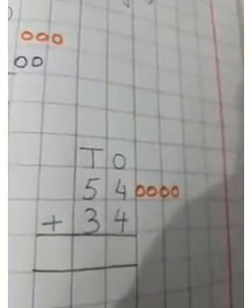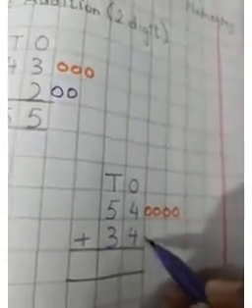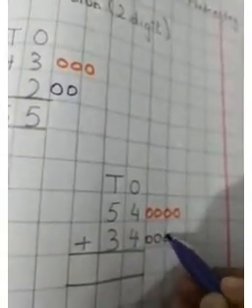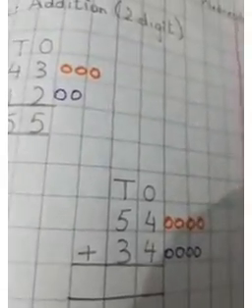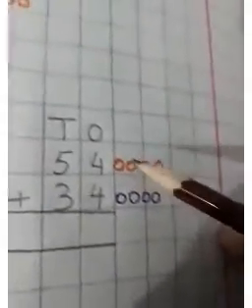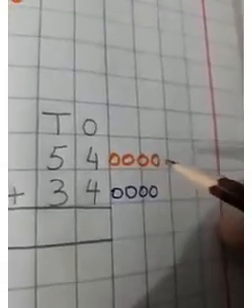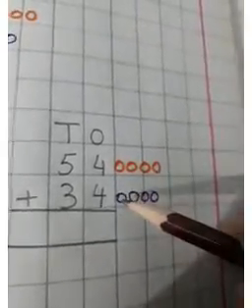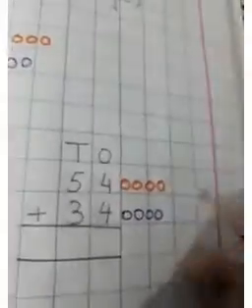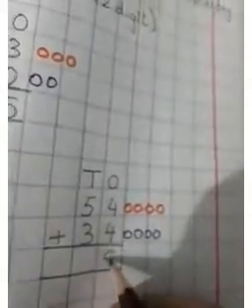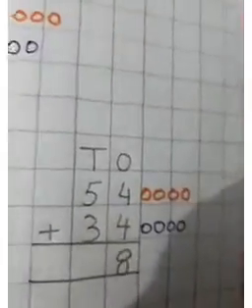At the bottom we have again number 4. So let's draw 4 counters again. Okay, now sum up, count them all together. 1, 2, 3, 4, 5, 6, 7, 8. 4 plus 4 is 8.